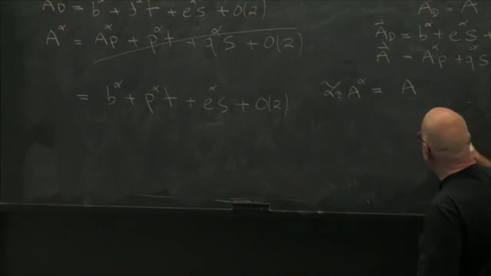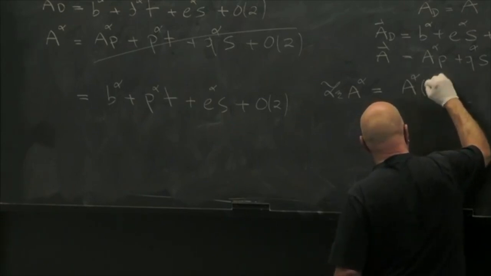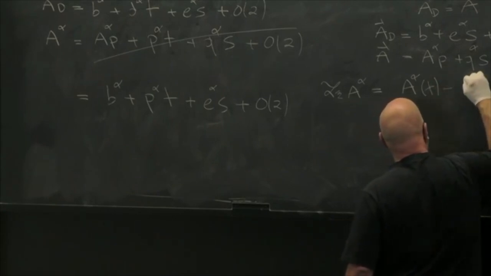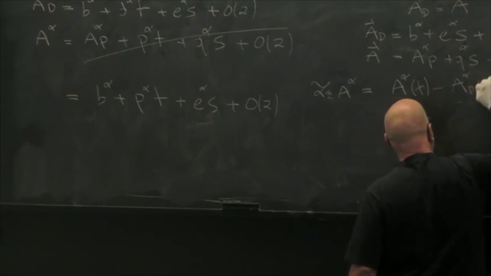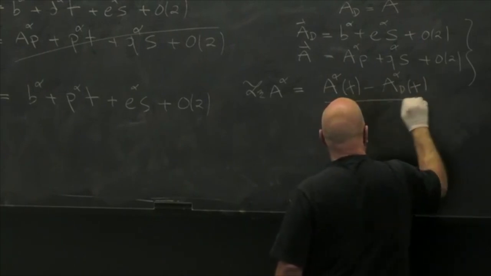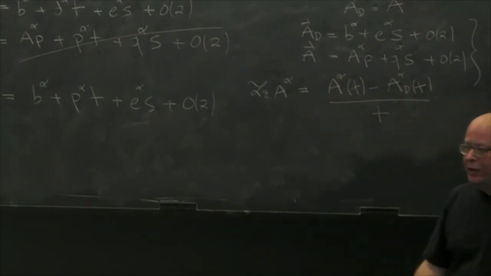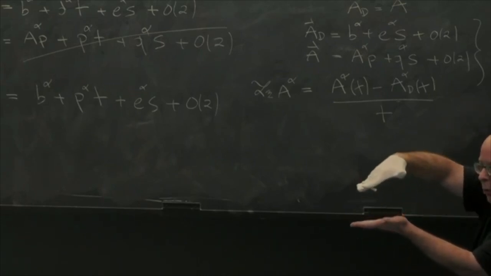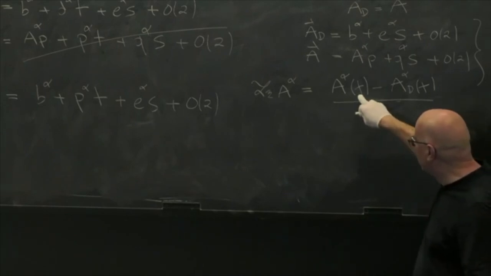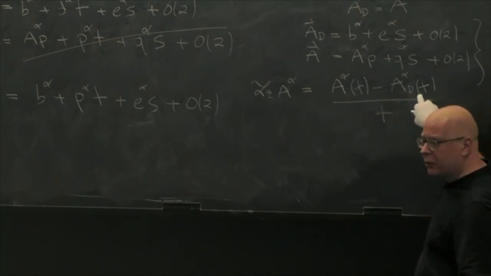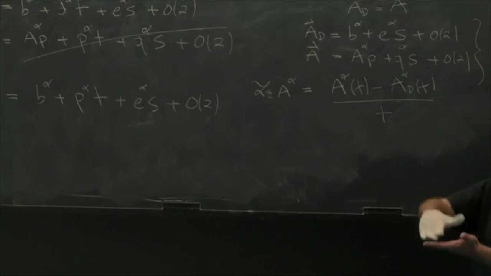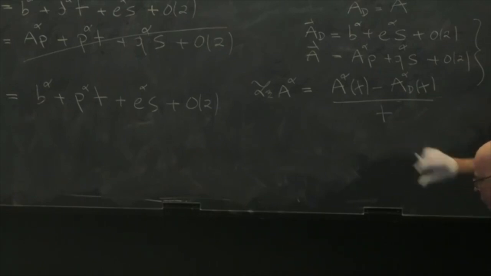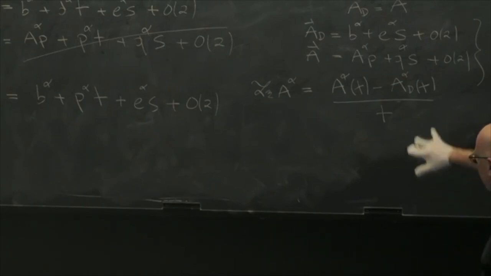So it's the vector field at t minus the dragged vector field at t divided by t in the limit where t goes to 0. So here I'm thinking of q as being just a little bit away from p. So it's the original vector field at q minus the dragged vector field at q divided by the parameter distance between p and q, and I'm writing that as t. And I'm just writing this without saying limit.